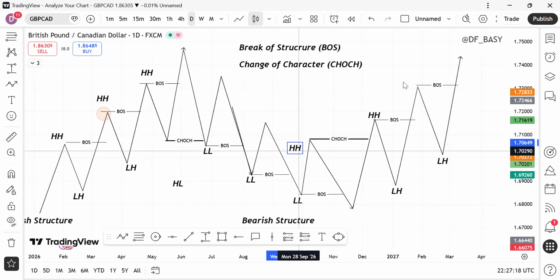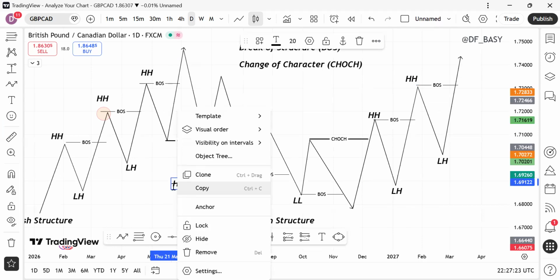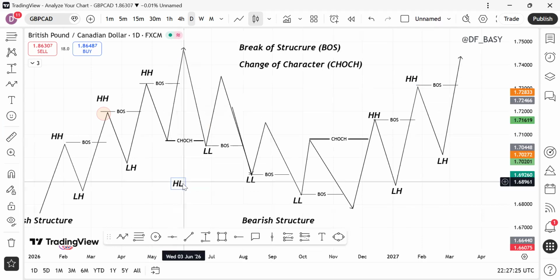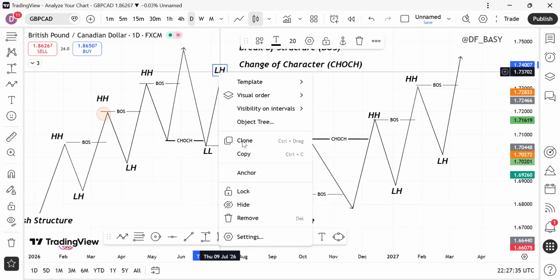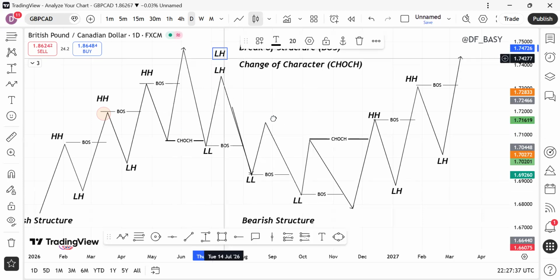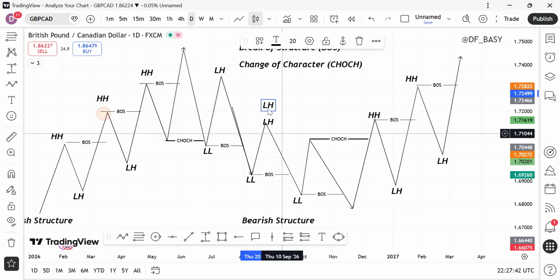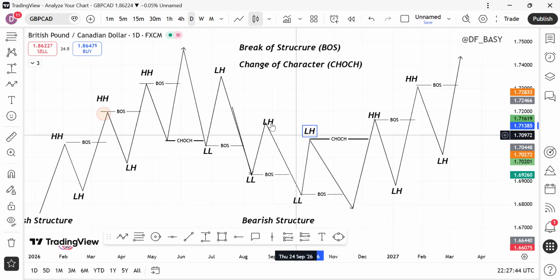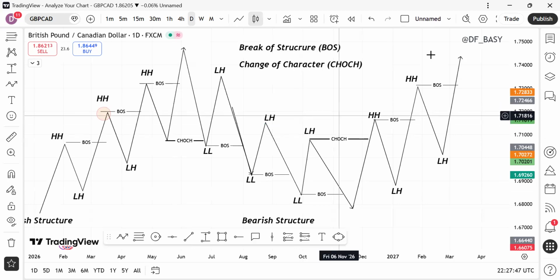Right? And this is your higher high. We have this supposed to be a lower high. We have this guy over here, the lower high, the lower high, and your lower high. So hope this is clear now to you guys.